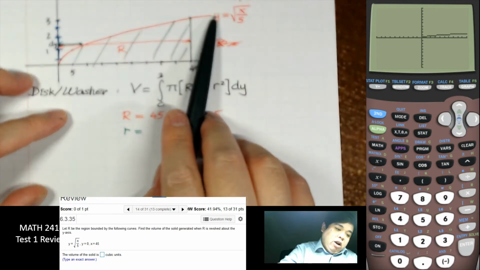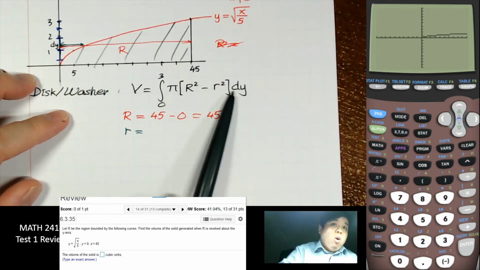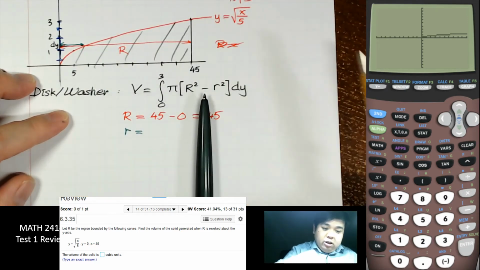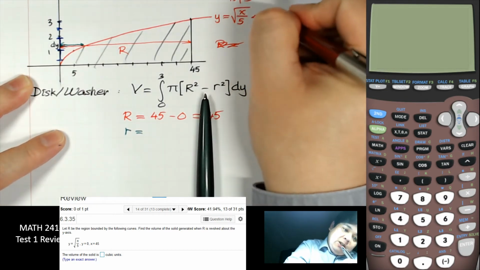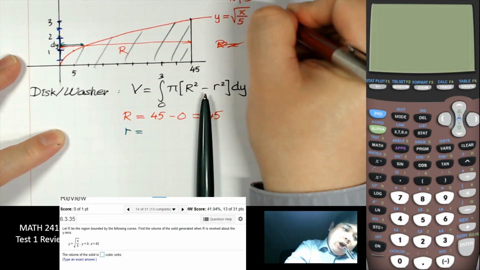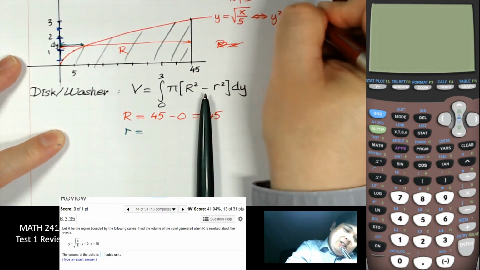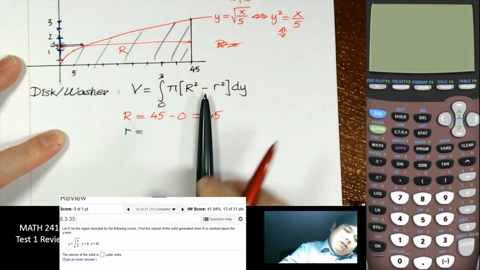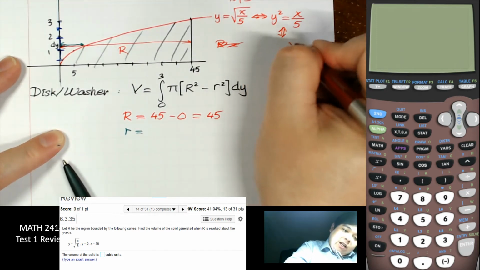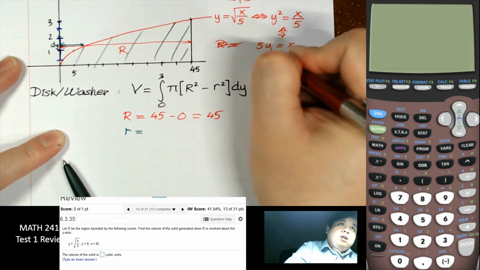And the function on the right has to be in terms of y, so we have to solve for x. So square both sides and multiply by 5. X equal to 5y squared.